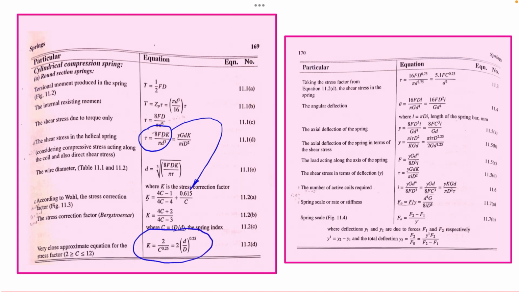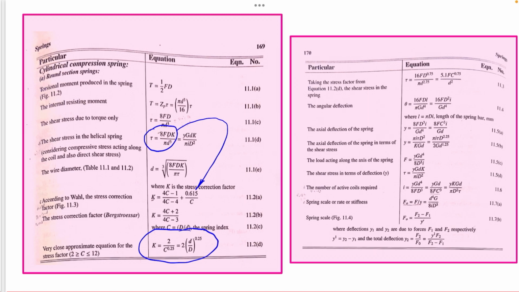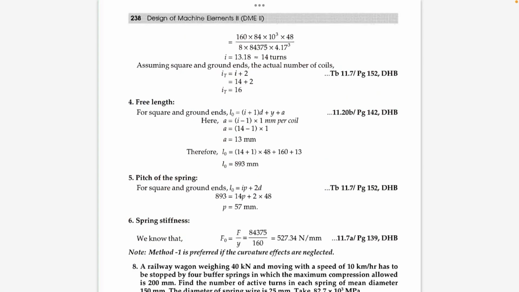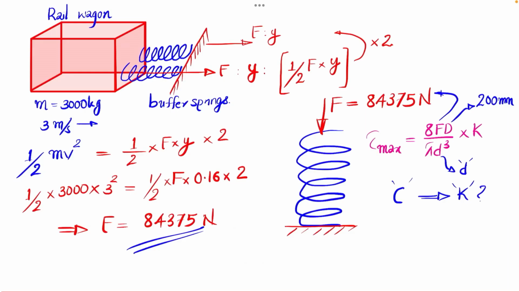So we can use this correction factor for the curvature effect, including all the combined effects. That is 2 into d by capital D, the whole raised to 0.25. So I can take this K correction factor as 2 into d by capital D, the whole raised to 0.25. Now I can evaluate tau max.